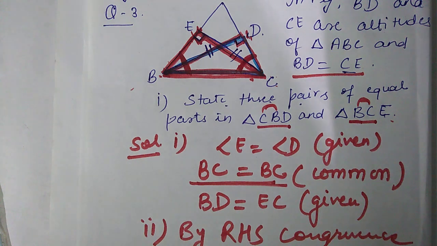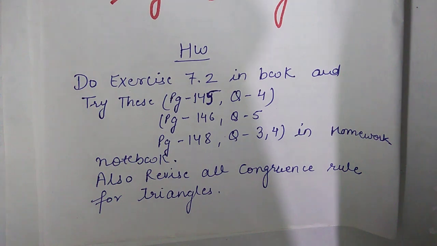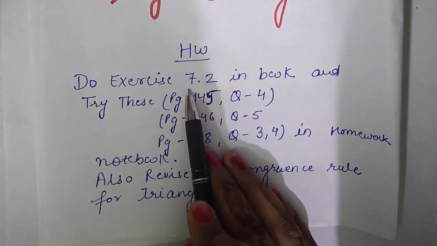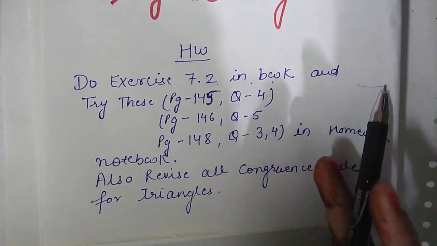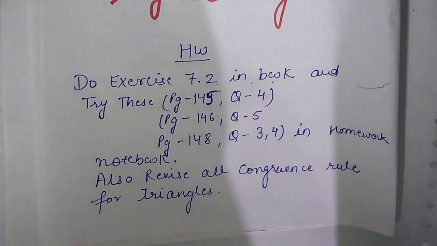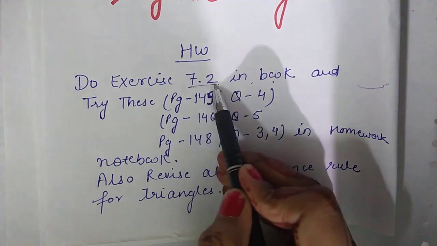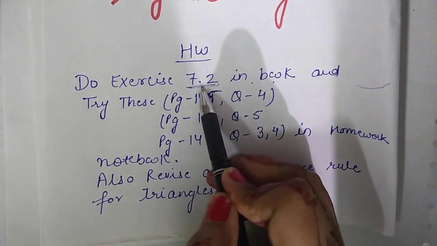The reasons are the same. Now the chapter is completed. Come to the homework. Students, your homework is, you have to do exercise 7.2 in the book. Only short questions are there in exercise 7.2, so you have to do them in the book only.